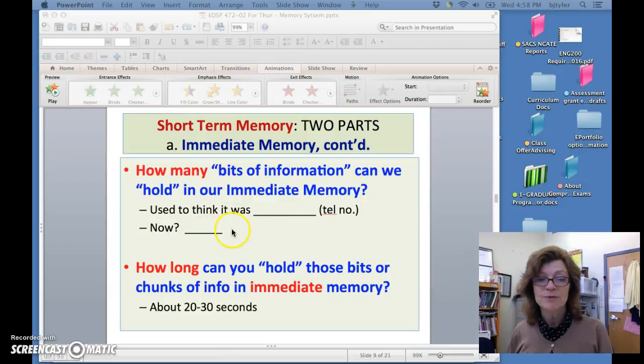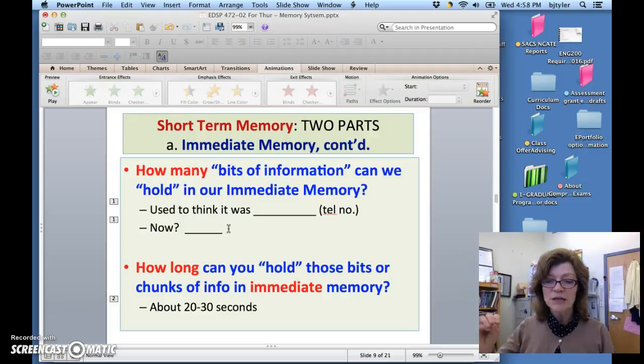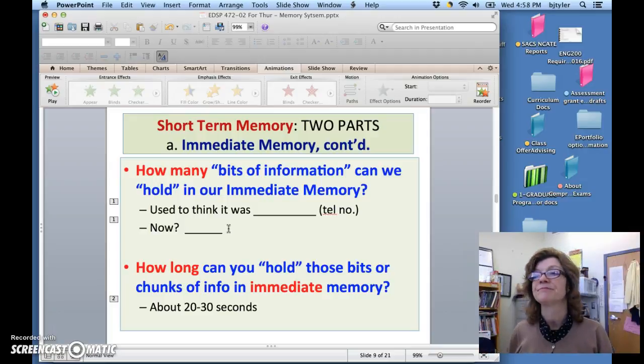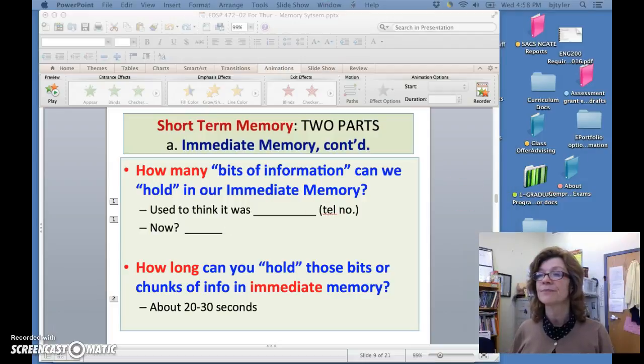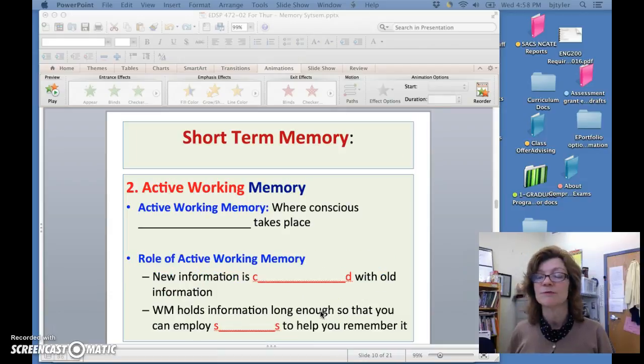But with further research now, scientists are beginning to believe that it's really more like four chunks of information. And how long can you hold on to those chunks of information in your immediate memory? It's about 20 to 30 seconds. Not very long, but long enough for us to do something with that information.